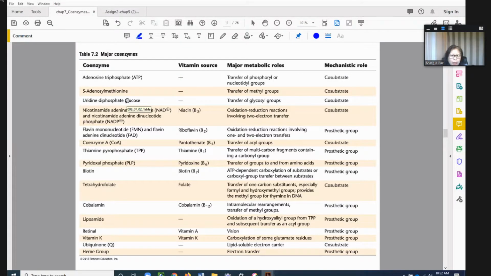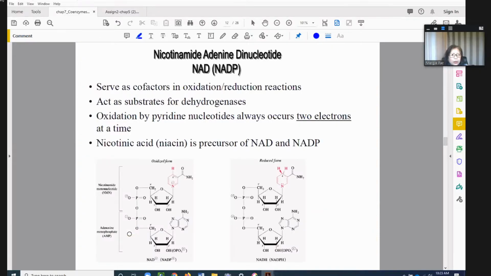We also examined lipoamide and ubiquinone, and I mentioned the heme group. Lipoamide is a prosthetic group. Ubiquinone, and the rest here, ATP, SAM, uridine diphosphate glucose or UDP glucose, they are co-substrates. Right? Ubiquinone is also a co-substrate.